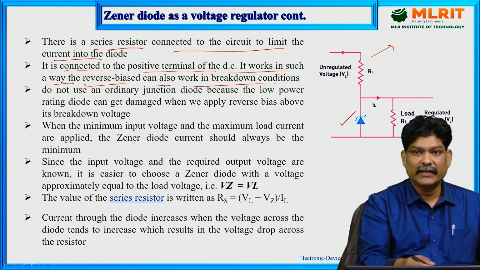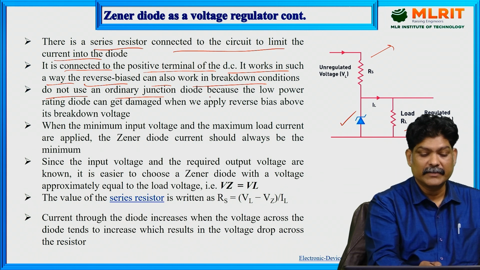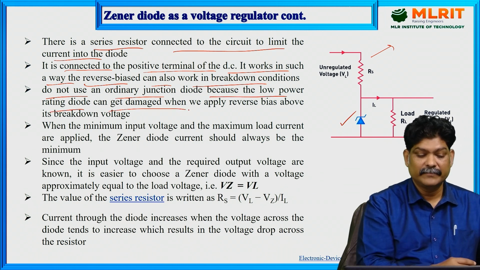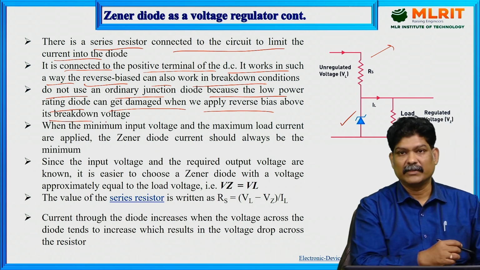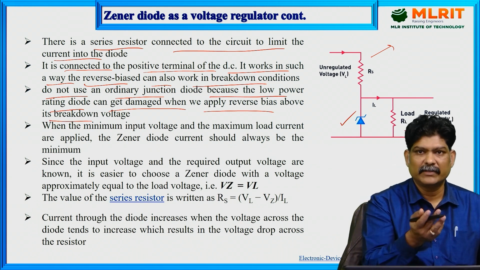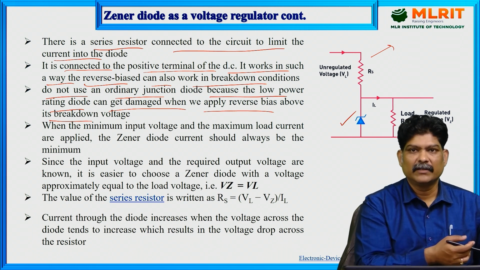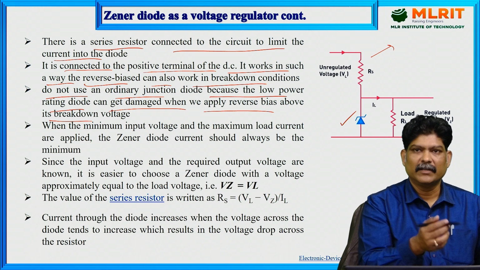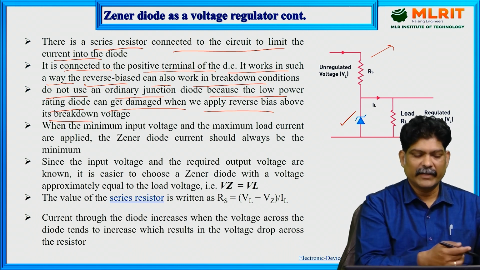This we have already discussed previously. So do not use any ordinary junction diode, because at a lower rating the diode can get damaged when reverse bias is applied above the breakdown voltage. In a normal PN junction diode, we can give reverse bias voltage only up to a certain level. After the breakdown voltage, the diode may get damaged.